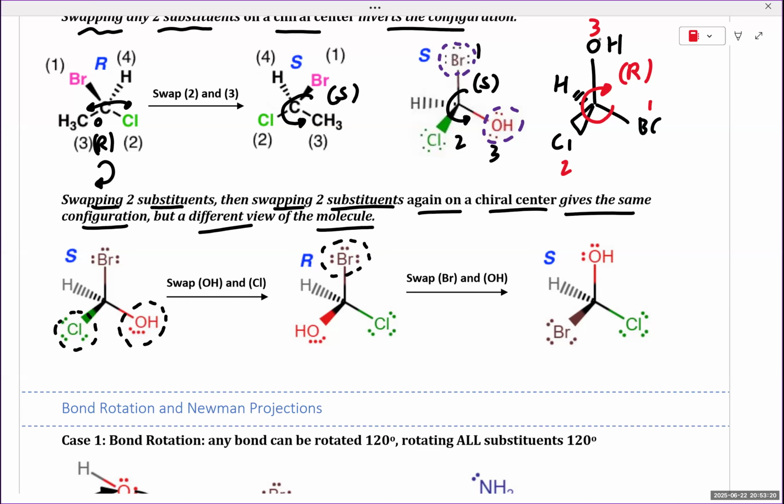If I swap another two atoms, once again swapping bromine and the alcohol, I now have this new view, but as we can see, tracing from highest to lowest priority, we have the same S configuration as when we started. So swapping two groups and then swapping another two groups at a stereocenter gives the same molecule, but a different view. This can be very helpful if you need to rotate your molecule into a specific view.